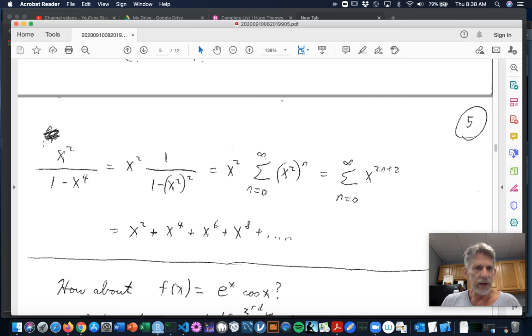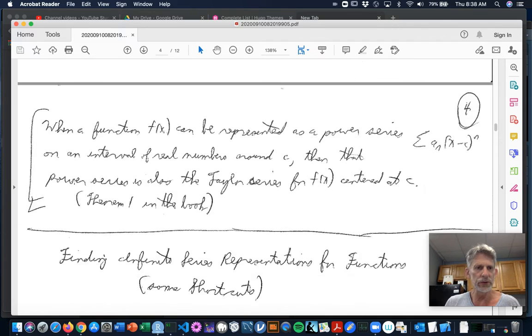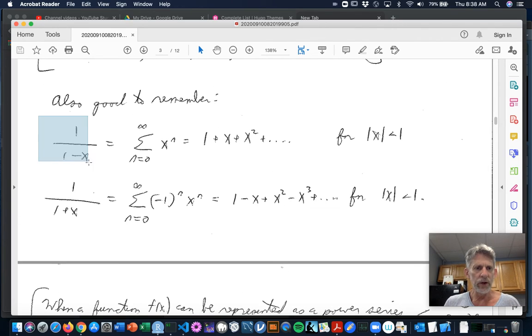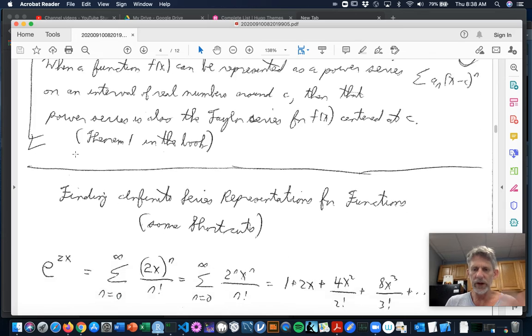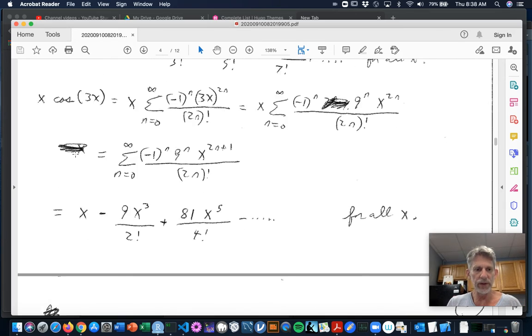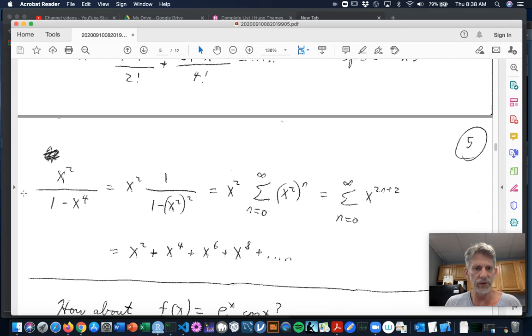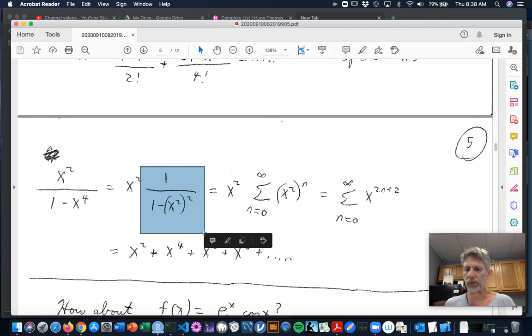If you've got x squared over 1 minus x to the 4th, I would say try to relate that to the 1 over 1 minus x. This is something we actually already know how to do from our work on power series. We're just sort of reviewing. I'm thinking of it as x squared times 1 over 1 minus x to the 4th, but I've written x to the 4th as x squared squared.